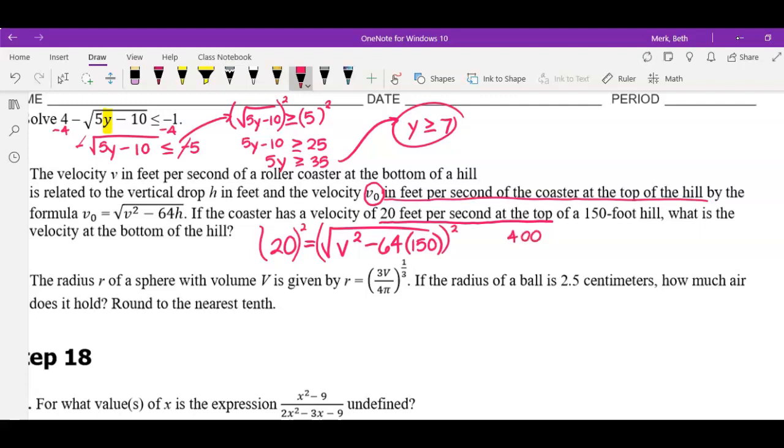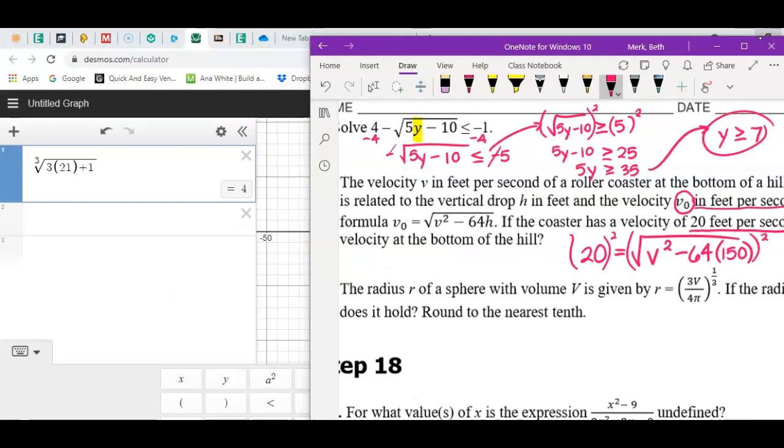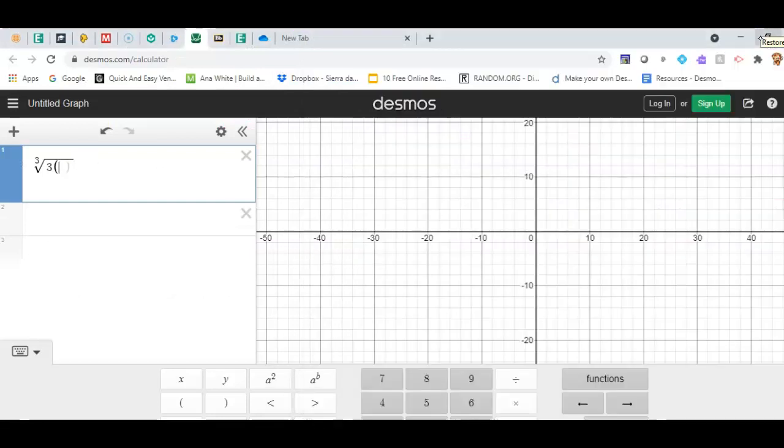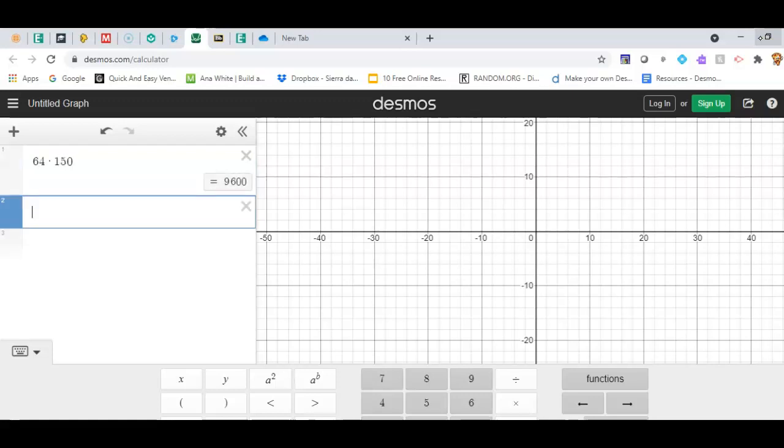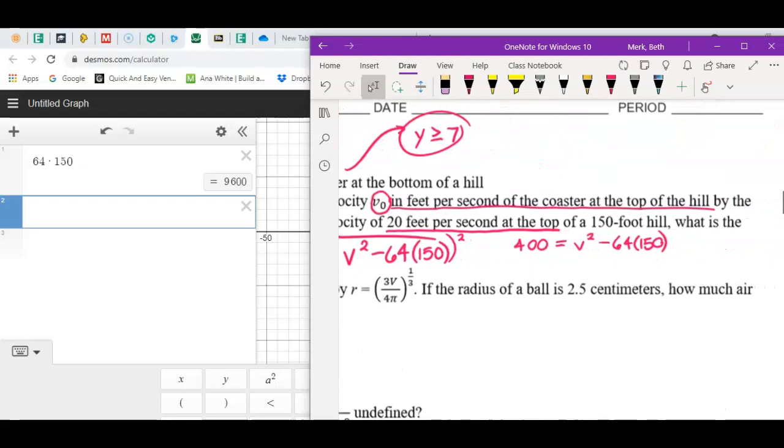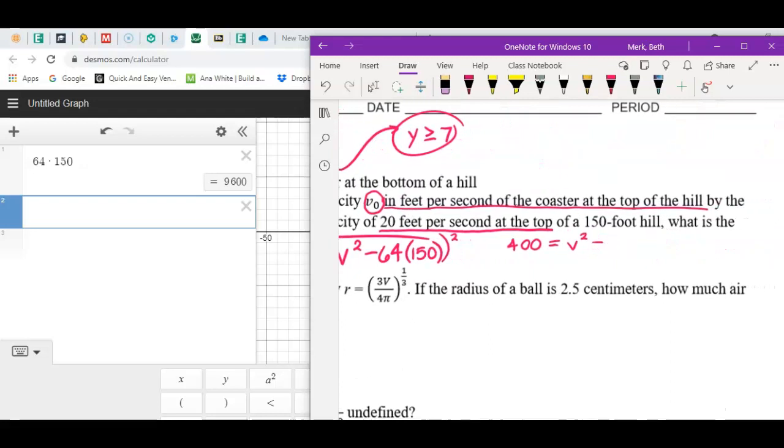So I have 400 equals v squared minus 64 times 150. So 64 times 150 gives me 9,600. So let's substitute that. Let's call this 9,600 instead.